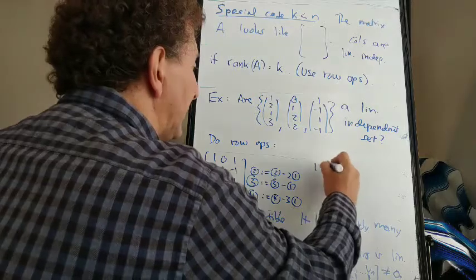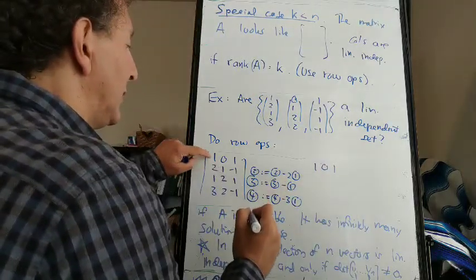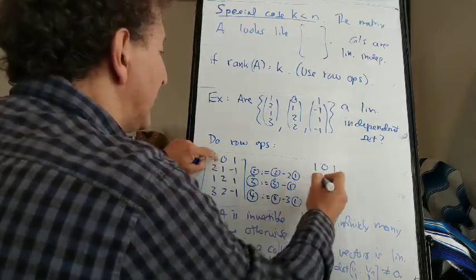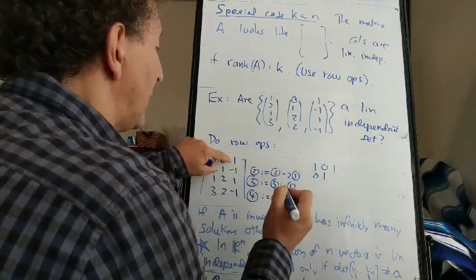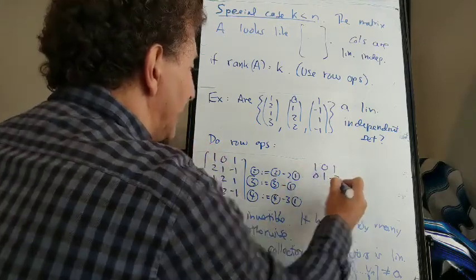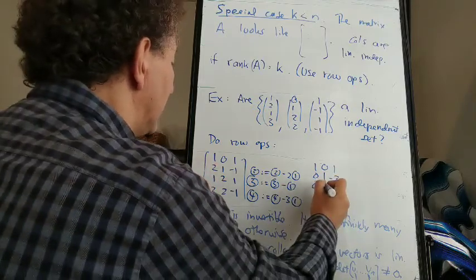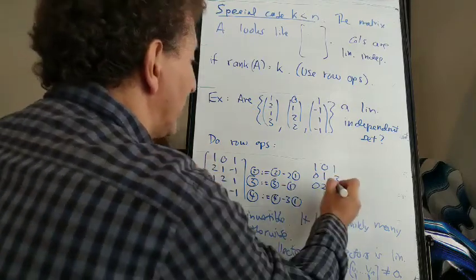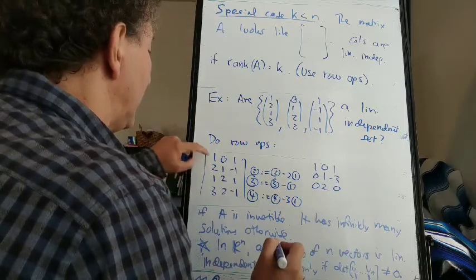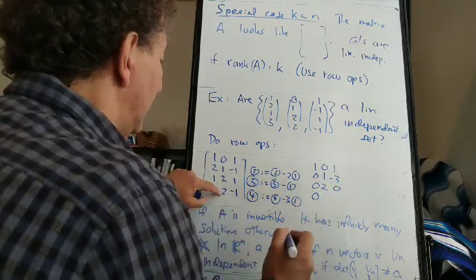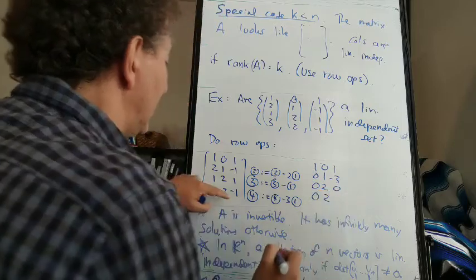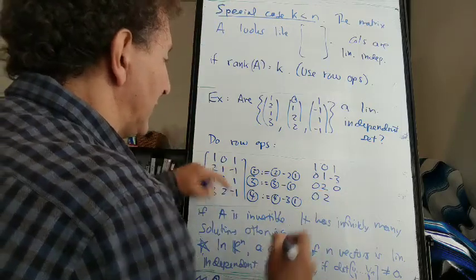And then we get 1, 0, 1. 2 minus 2 is 0. 1 minus 0 is 1. Negative 1 minus 2 is negative 3. 1 minus 1 is 0. 2 minus 0 is 2. 1 minus 1 is 0. 3 minus 3 ones is 0. 2 minus 3 zeros is 2. Negative 1 minus 3 ones is negative 4.